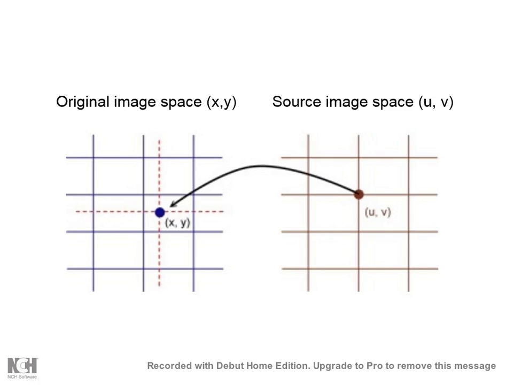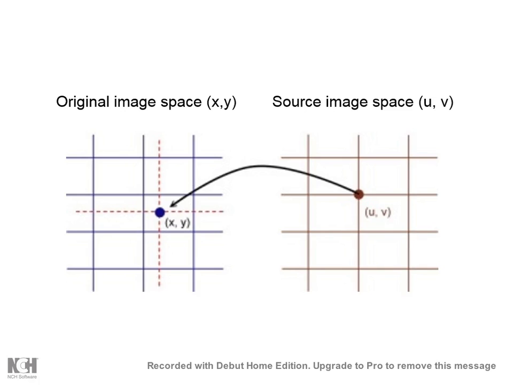This location is inside 4 pixels. Here we treat each intersection as a pixel location. Because I want to know the color, I reverse map to the original image and find it belongs here, inside the 4 pixels.